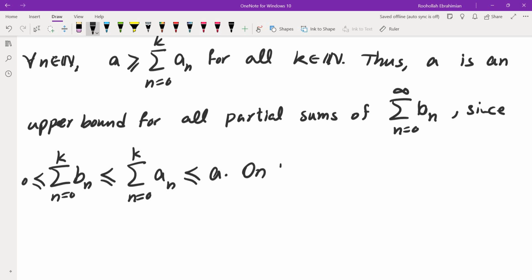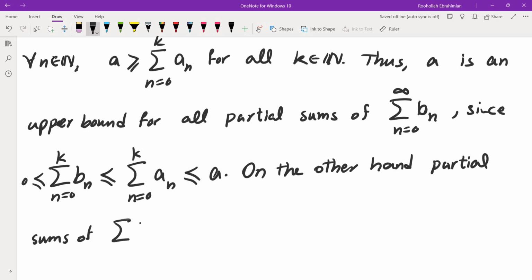On the other hand, the partial sums of the infinite series form an increasing sequence.